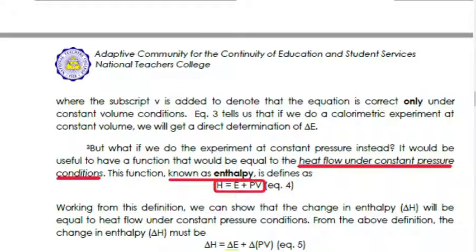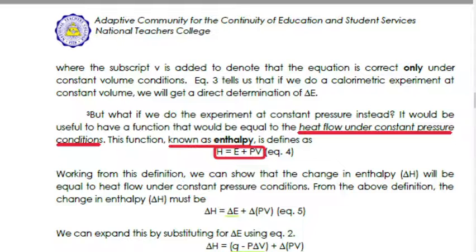Since, as mentioned, this is under constant pressure, there is no change in pressure, therefore there is no delta P. And also, you will have delta H is equal to Q minus P delta V plus P delta V, which will cancel out the two variables.